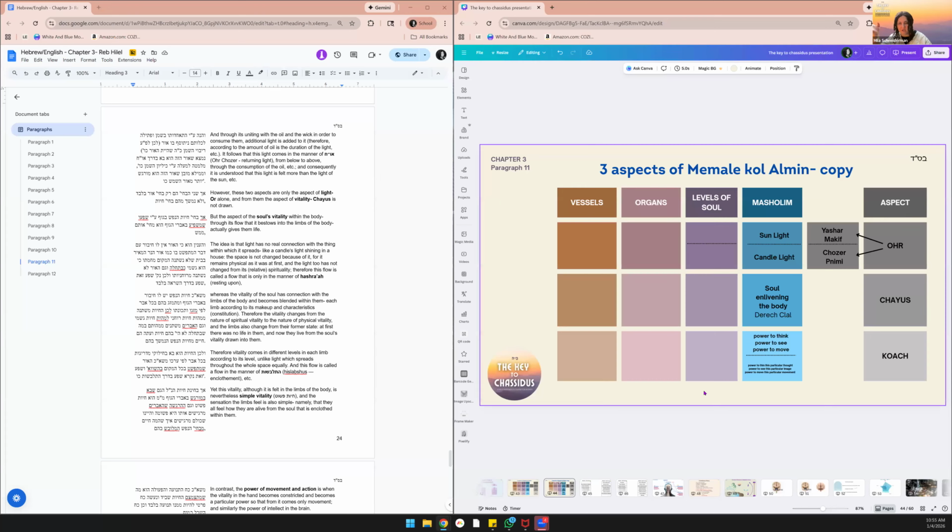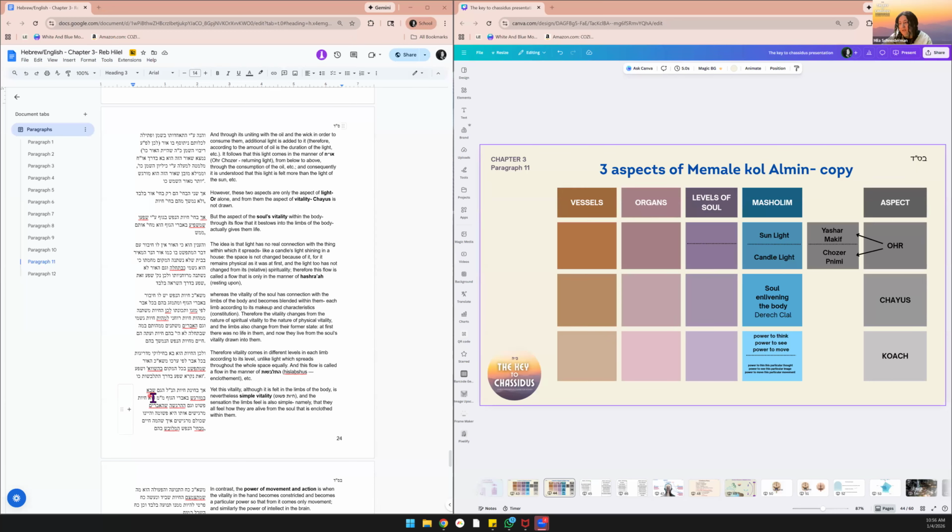We have so many individual functions in the body that it's a perfect mashal for both. For chayus, it's a general life force that our heart delivers to us, pumps. And the individuation. So let's see that in a text.